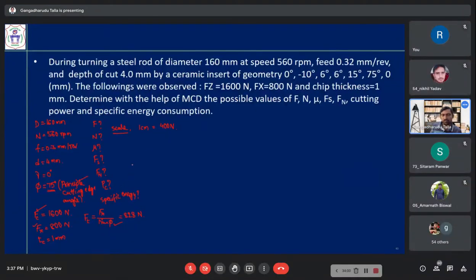Now all of you draw this in your white sheet, if you have a sheet or book. Draw this horizontal force, 4 centimeter Fc.